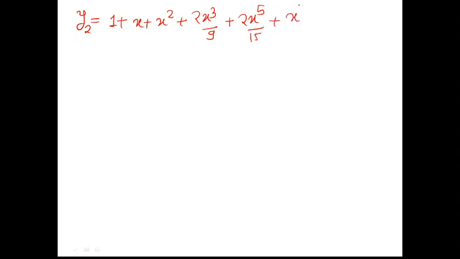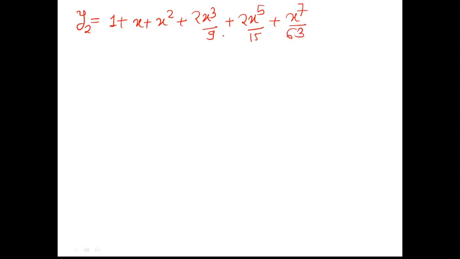So we have y2 equal to, after integration, 1 plus x square plus 2x cube by 9 plus 2x to the power 5 by 15 plus x to the power 7 by 63.